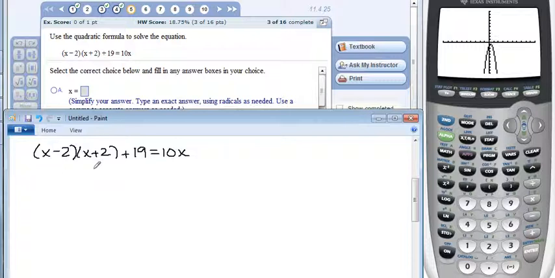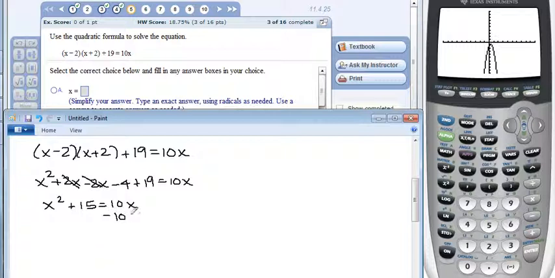I'm going to first of all get rid of my parentheses by foiling. So my first terms are x squared, then I have a positive 2x, and I have a negative 2x, and I have a negative 4, plus 19 is equal to 10x. These are gone. So on this side I have x squared plus 15 is equal to 10x.